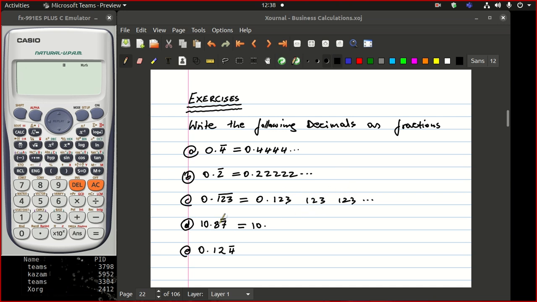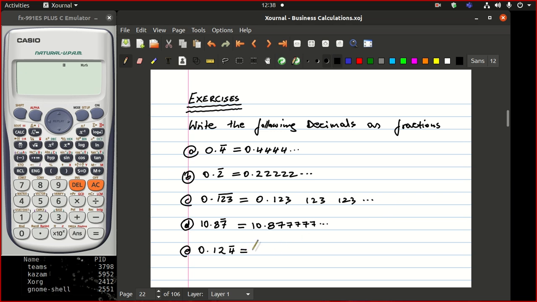And here we have a bar on only the 7, so the 8 is not repeated. It's only the 7 that keeps repeating until you decide to stop somewhere, but you have these three dots to say that you continue writing all these 7s.